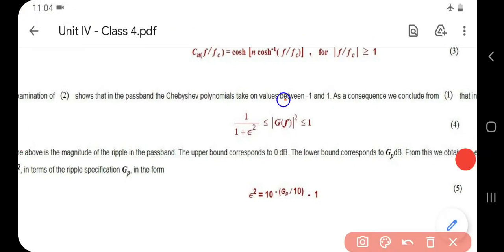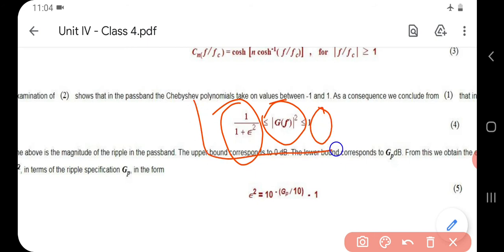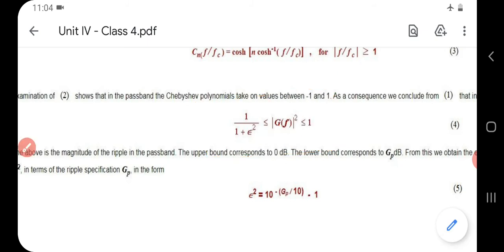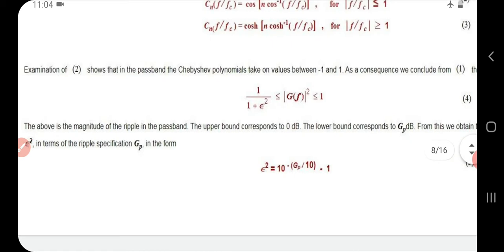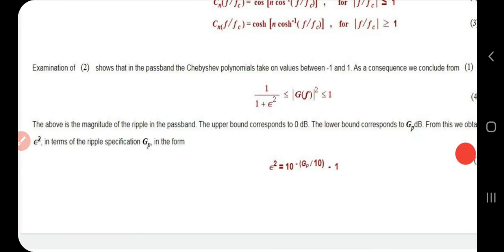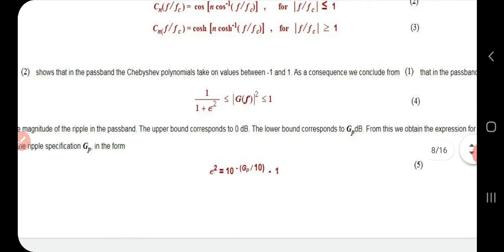That is, the amplitude response is less than or equal to 1 and greater than or equal to 1 by the square root of 1 plus epsilon square. Its value lies between these limits. The above is the magnitude of ripple in the passband. Now the lower bound.